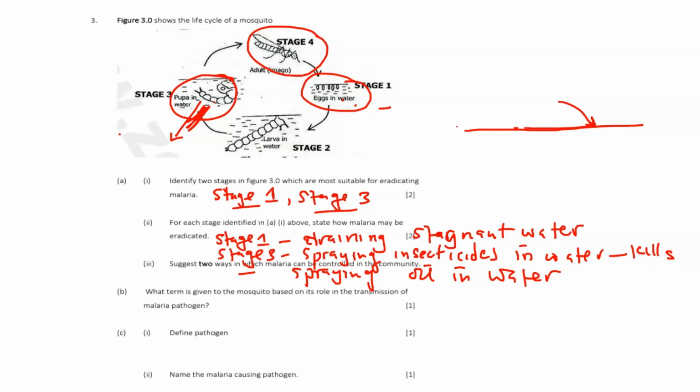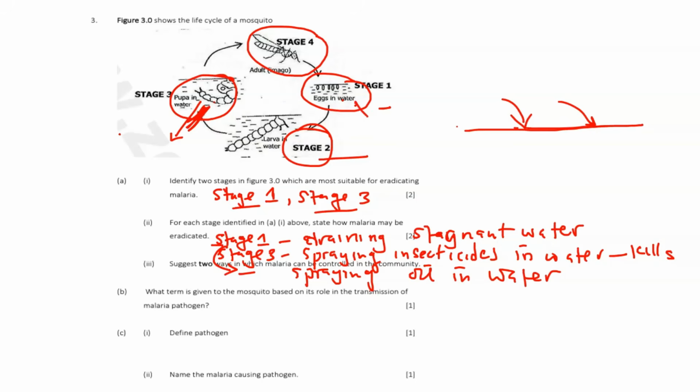Then of course stage 3 is spraying insecticide or larvicide in water, which kills the stage that you've picked here, or spraying oil in water, which stops the diffusion of oxygen into the water, and hence it kills these stages. So if you are going to choose 2, this explanation on 3 applies here. So that is the reason why I said this and that.